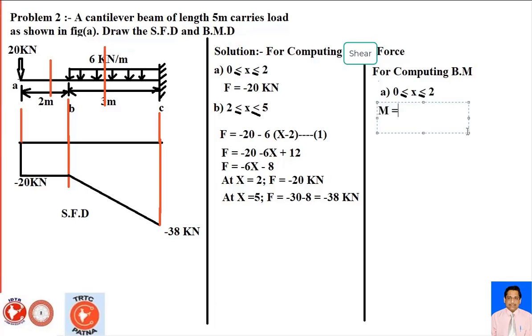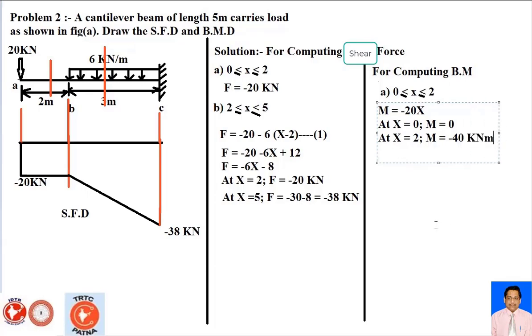So moment will be equal to minus 20x. So at x is equal to 0, your moment is equal to 0, and at x is equal to 2, your moment is equal to minus 40 kilonewton meter.